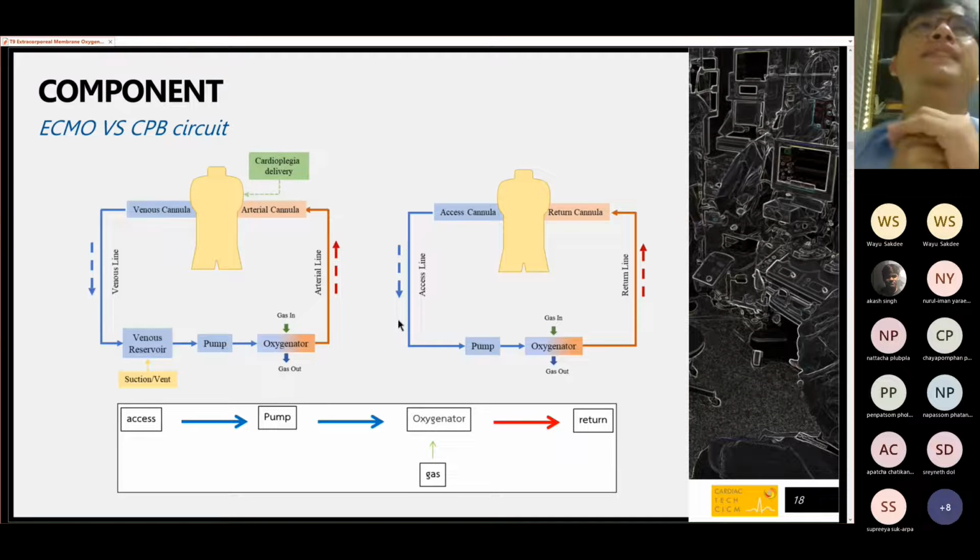So here is a cartoon diagram that shows you how ECMO and CPB differ. On the left-hand side is the CPB, and here is the ECMO.